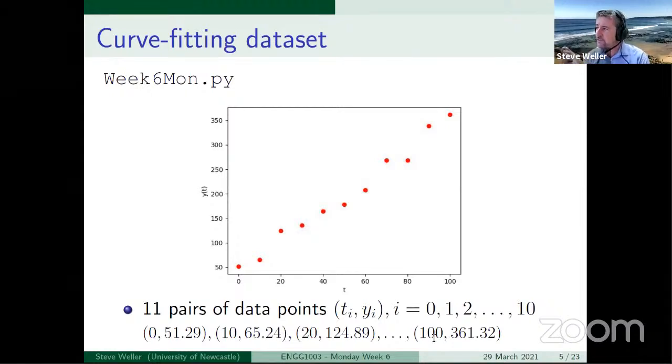And the question is, what's the value of the measurement between the sensor time steps of 0, 10, 20, and so on? Now, that's a really common problem in engineering, to be able to estimate the value of a quantity between the time steps at which the actual measurement is made.